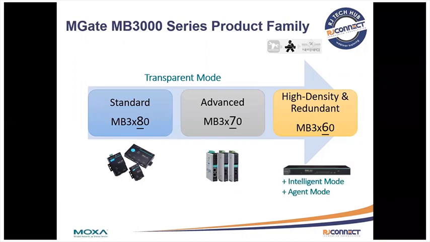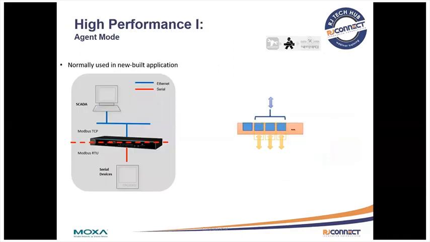Let's take a look at some of the unique features in the MB3060 series, such as intelligent mode and agent mode. Agent mode is normally used with newly built applications where we have a SCADA system incorporating Modbus TCP and Modbus serial devices such as power meters, for example.